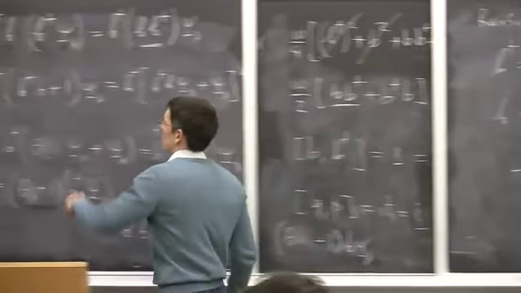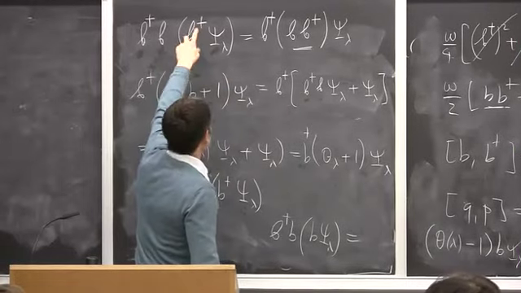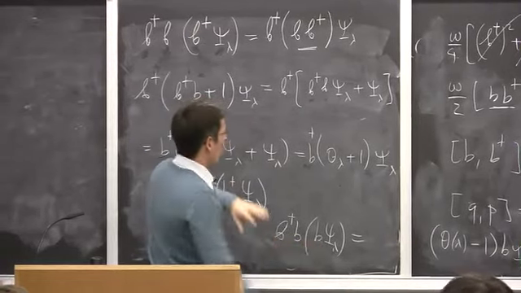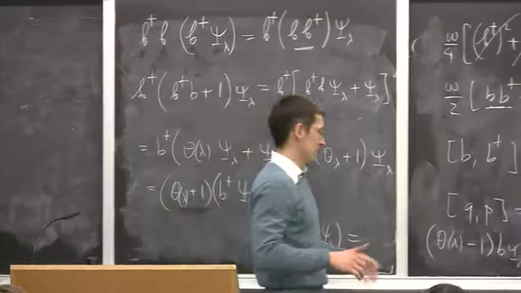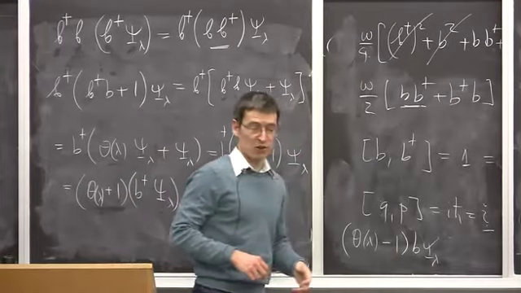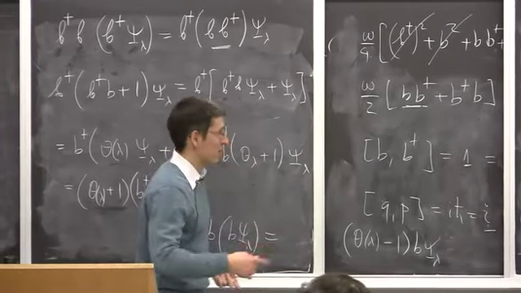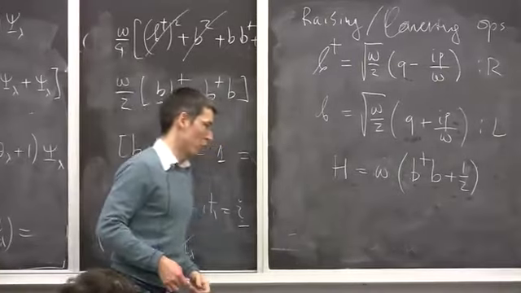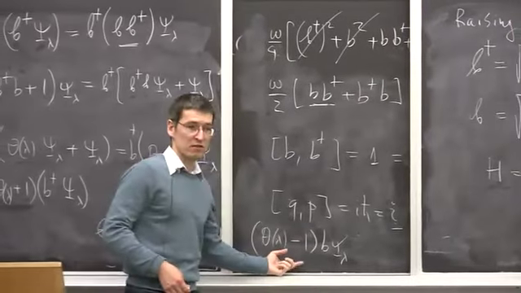Also, if we act with B dagger and B, we will still get different eigenfunctions, which will also be eigenfunctions of our problem, just with different eigenvalues.